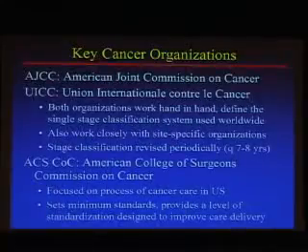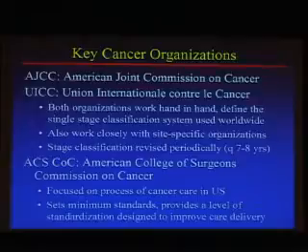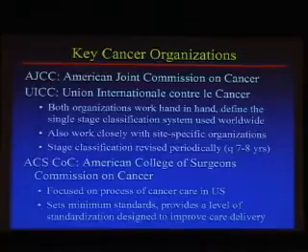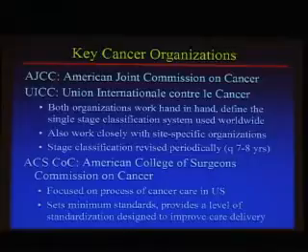So let me make a few comments about some key cancer organizations. There are two organizations, the American Joint Committee on Cancer and the UICC, which both have worked on stage classification. They initially started out as separate organizations, and then way back in the 1970s or so, they said this doesn't make sense. We need to have the same stage classification system worldwide. We will cooperate.